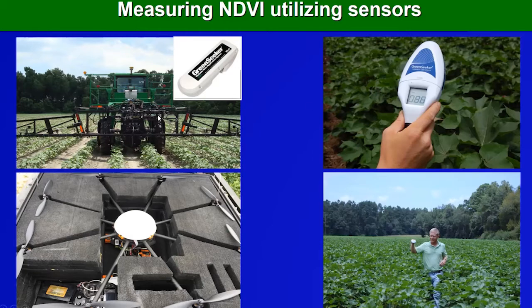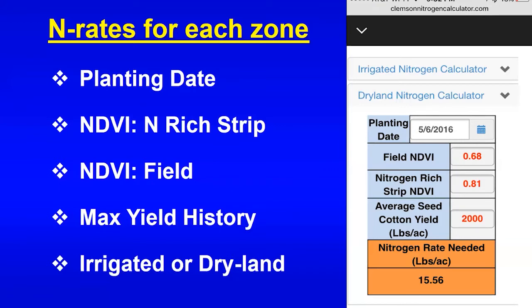So if you have higher differences, means higher gap here, that area you need to apply more nitrogen. So what do you need to do that? You need one important thing: planting date, NDVI from enriched area, NDVI from field, and maximum.